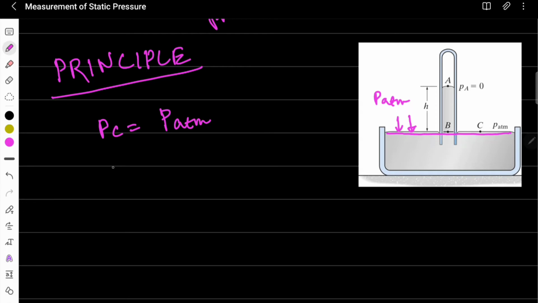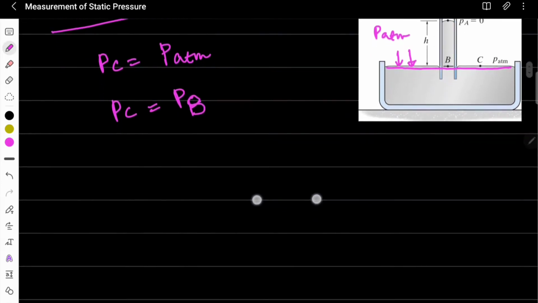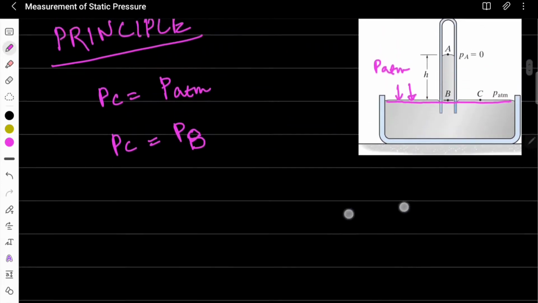So whatever the pressure at point C, that is also equal to the pressure at point B. Now, if we figure out the pressure at B, we can calculate how much height of the mercury column is above this point.